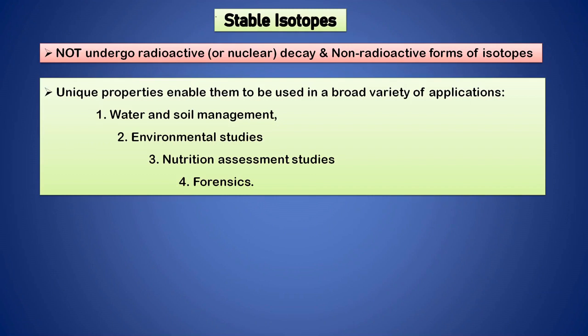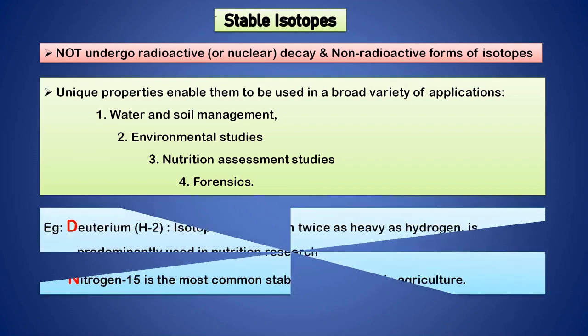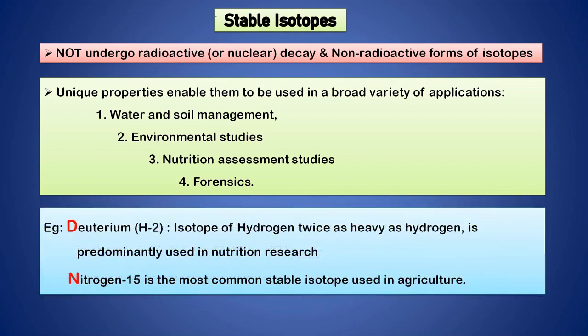For example, deuterium, that is 1H2, an isotope of hydrogen that is twice as heavy as normal hydrogen, is predominantly used in nutritional research, whereas nitrogen-15, the isotope of nitrogen, is the most common stable isotope used in agriculture. These are the various applications of stable isotopes.